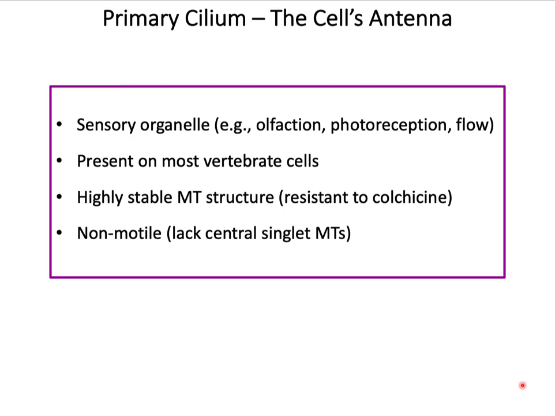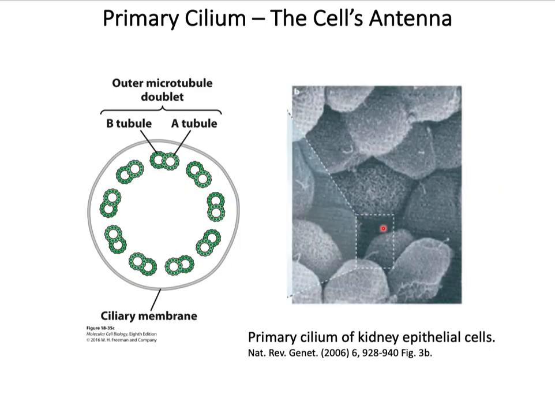They are not used for locomotion. They are not motile because they lack the central singlet microtubule, which is so important for flagellar function. So what I meant by this is, here is a cross-section of the primary cilium: you have a microtubule doublet around the edge, but you don't have the central structure, which is important for locomotion.